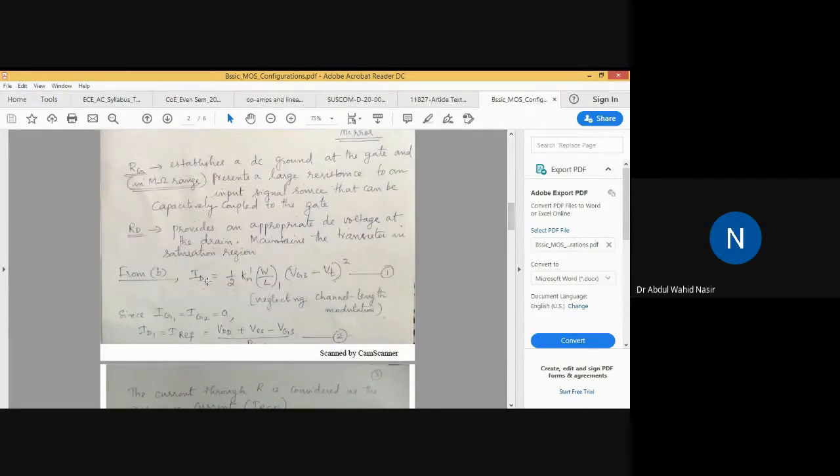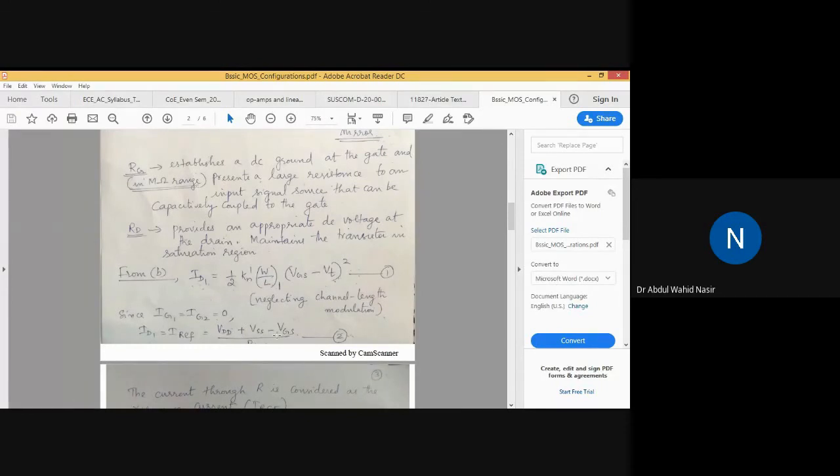Everyone, please pay attention. Using KVL, it will be VDD minus I reference into R, minus VGS, plus VSS.